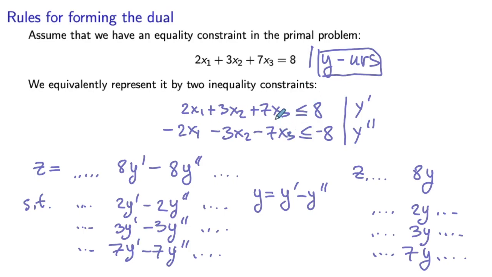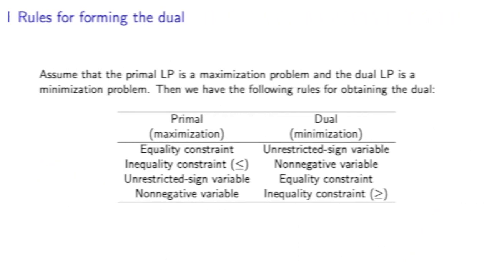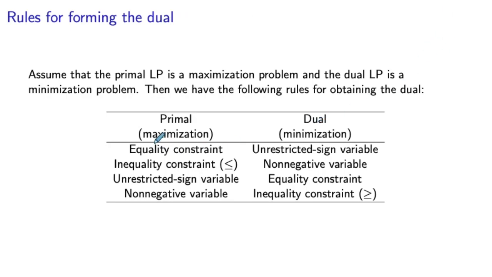Whenever we have the equality constraint appearing in the primal problem, we will automatically use an unrestricted in sign dual variable to represent this part in the dual LP. And now we are ready to formulate a dual LP for an arbitrary problem. This table here summarizes the rules for forming a dual, and it assumes the primal maximization problem.